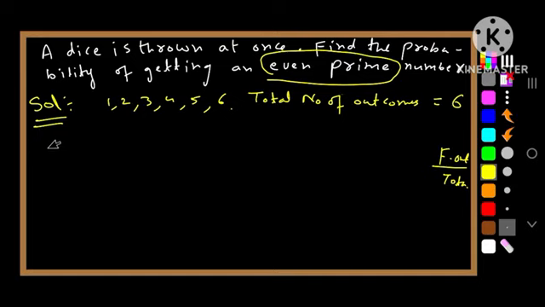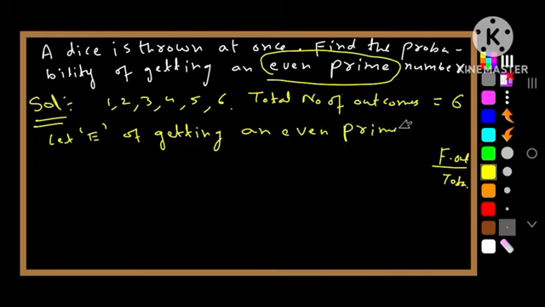Next, let E be our event of getting an even prime number.